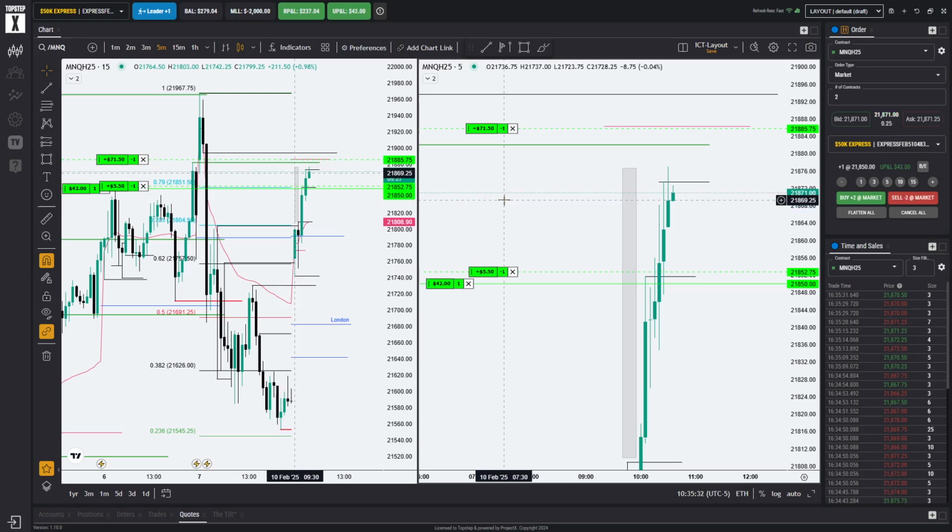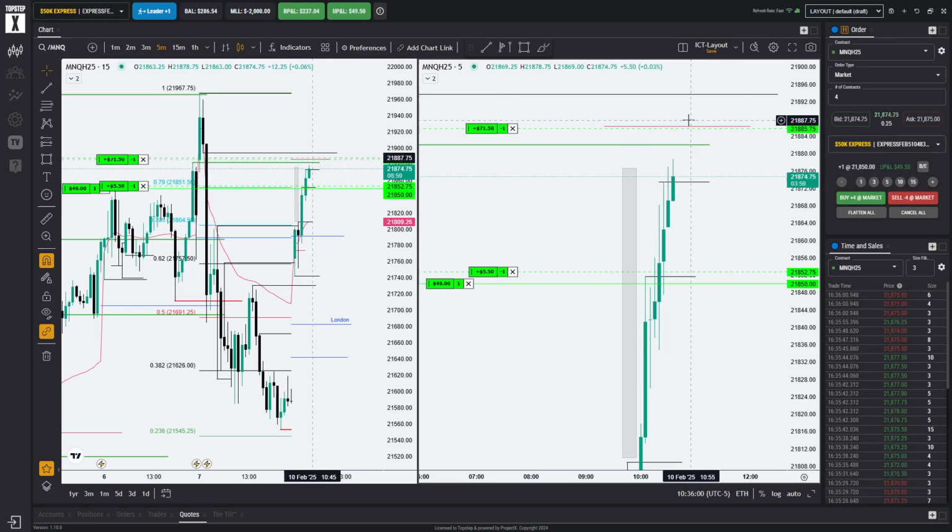You know you want that opening print, come on. Of course you want it. There you go. And actually, the moment we hit that, I am going to short.